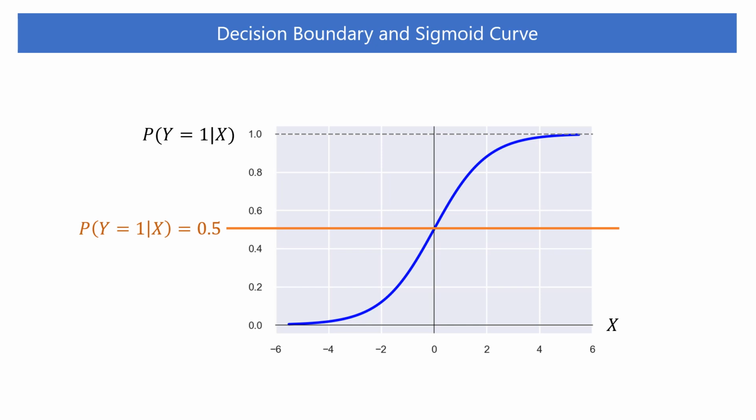At a point where the boundary line intersects with the sigmoid line, the probability equals 0.5. So, if x is greater than this point, the probability is greater than 0.5, so the data will be predicted as class 1. If x is smaller than this point, the probability is lower than 0.5, so the data will be predicted as class 0.